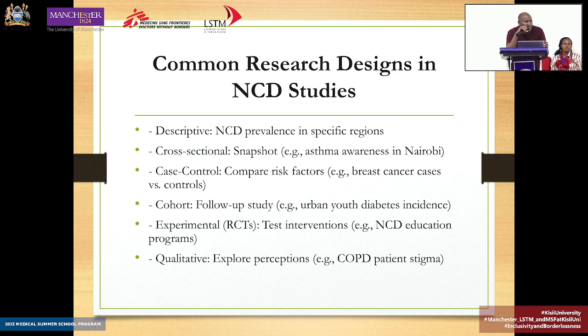Then we have qualitative research design. This is very important because this is where you really want to understand the context of a given phenomenon, because you are exploring what we call perceptions, like patient stigma.